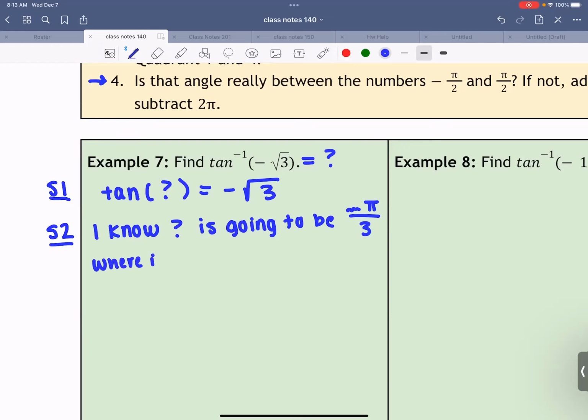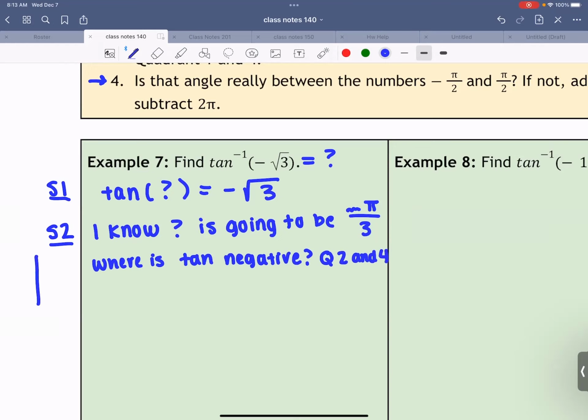Where is the tangent negative? So which quadrants is tangent negative? Do you remember? It's actually just two quadrants. 2 and 4, right?